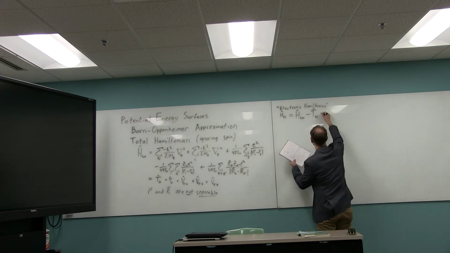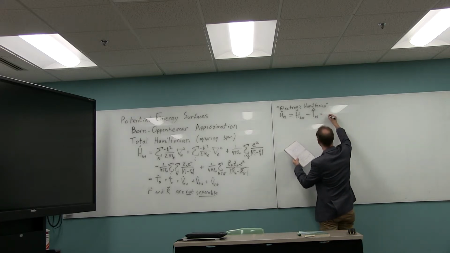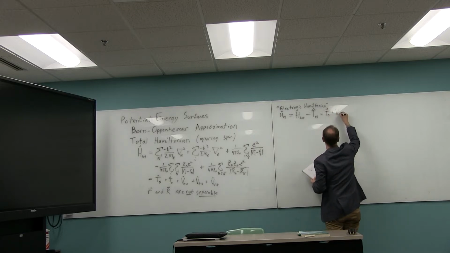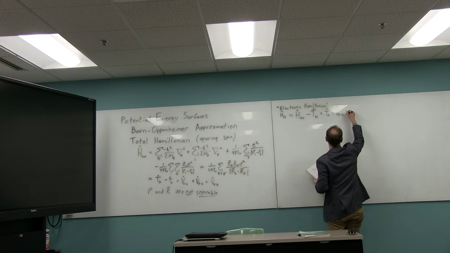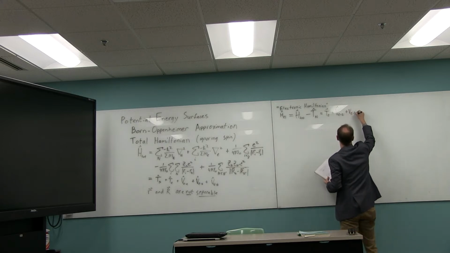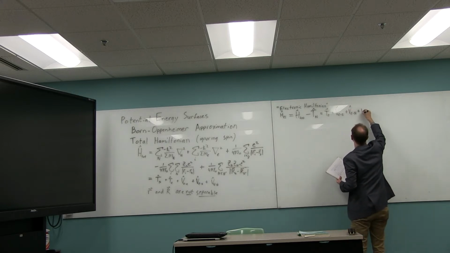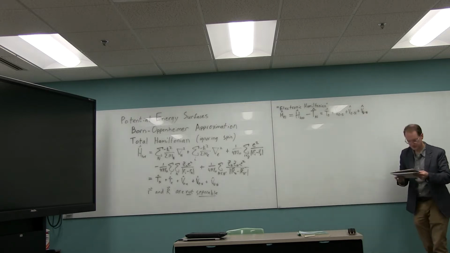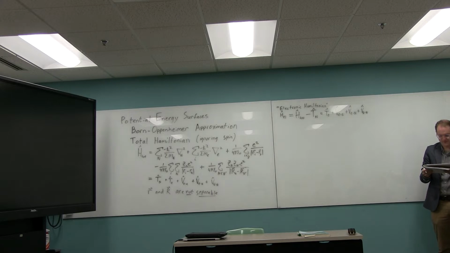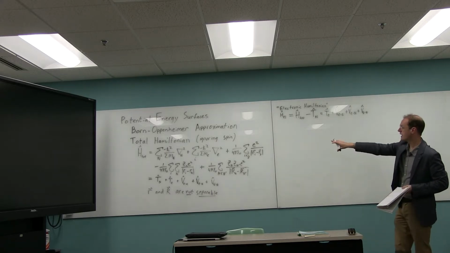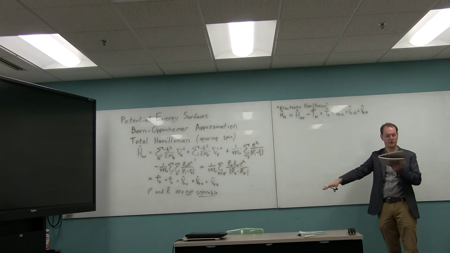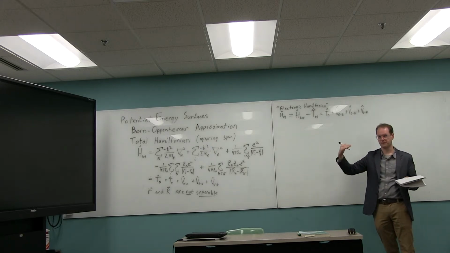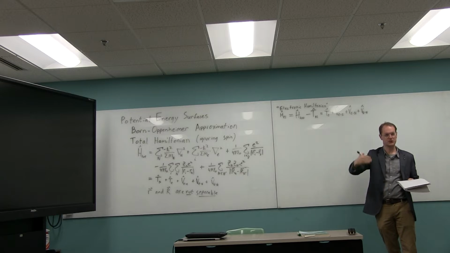Okay, so the terms that we're left with in this operator are the kinetic energy of the electrons plus all these interactions: the electron-electron repulsion, electron-nuclear attraction, plus nuclear-nuclear repulsion. Okay? And so within the Born-Oppenheimer approximation, the approach that we're going to follow separates the problem into two steps.